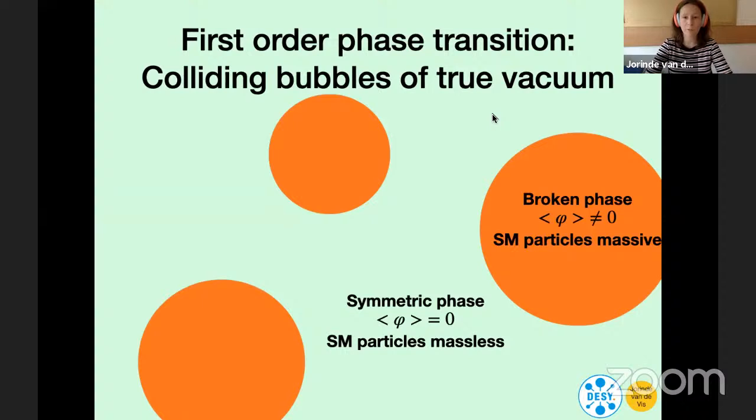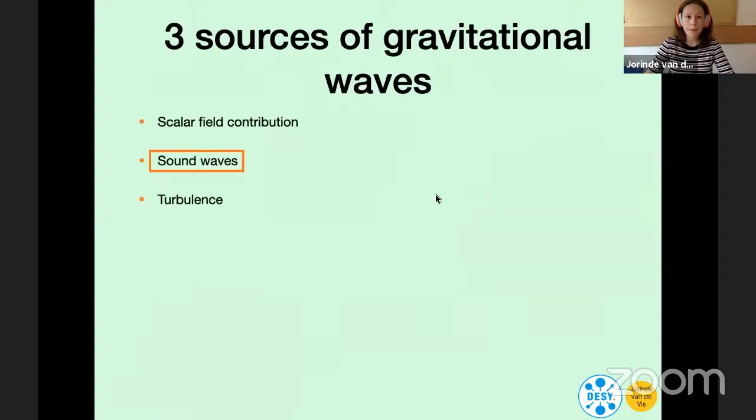In this process, gravitational waves are formed. In the talks of this afternoon, we've heard about contributions of 3 different kinds, and in this talk, I'm focusing on the contributions from the plasma, so the sound waves.